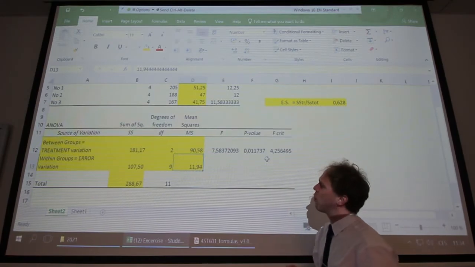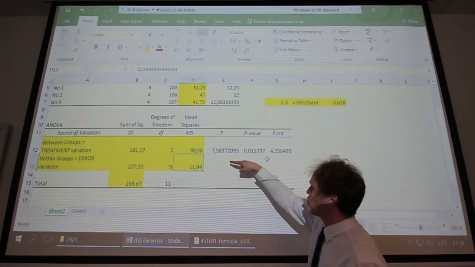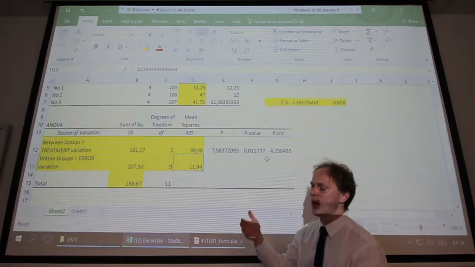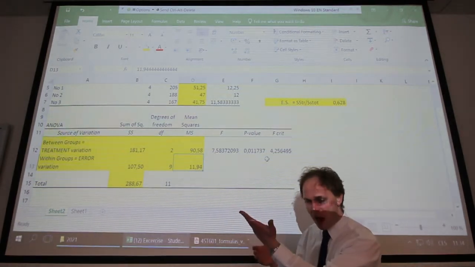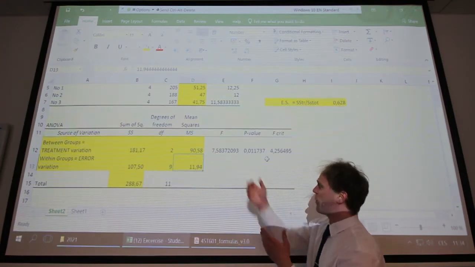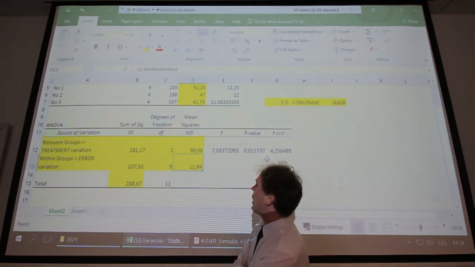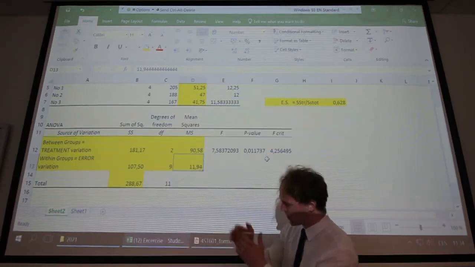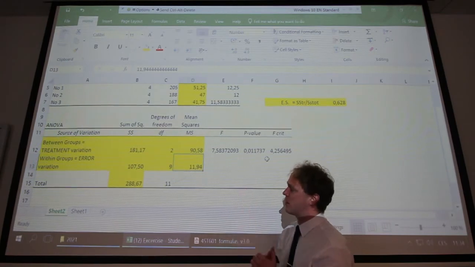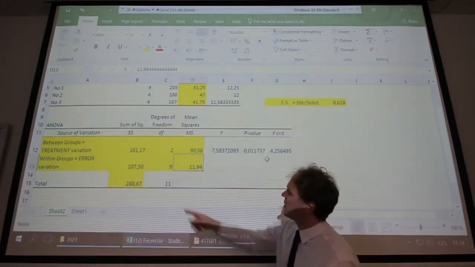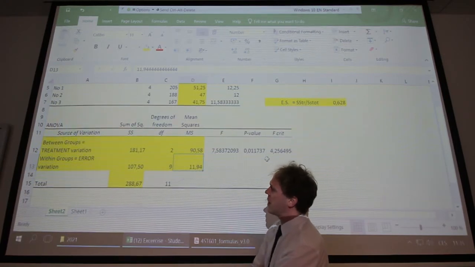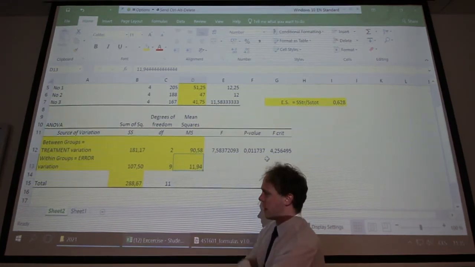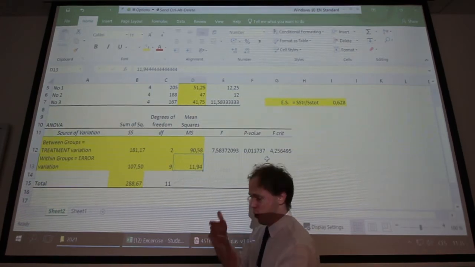Do you remember the formula for variance? The summation of squared differences between the values and the arithmetical mean, divided by the number of observations. In ANOVA, the mean square is calculated as the sum of squared differences between the values and the arithmetical mean, divided by degrees of freedom, k minus 1.